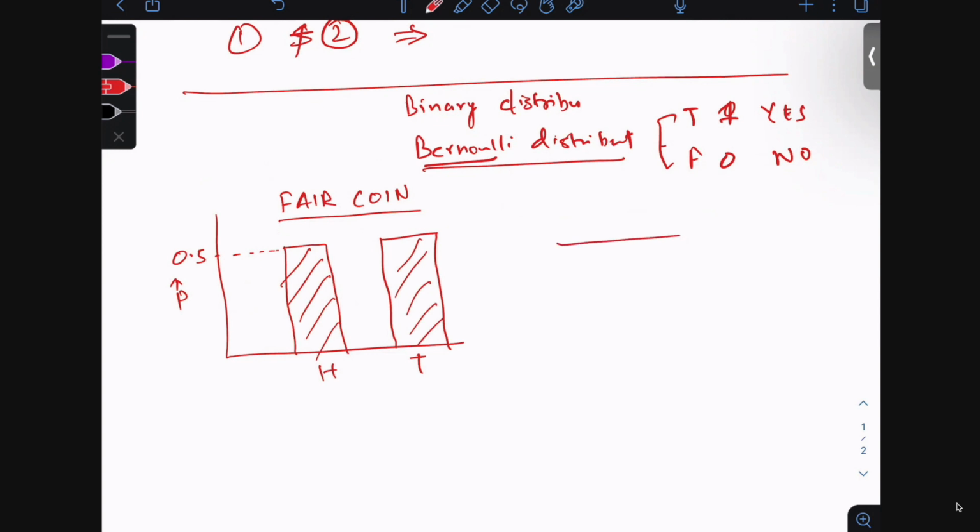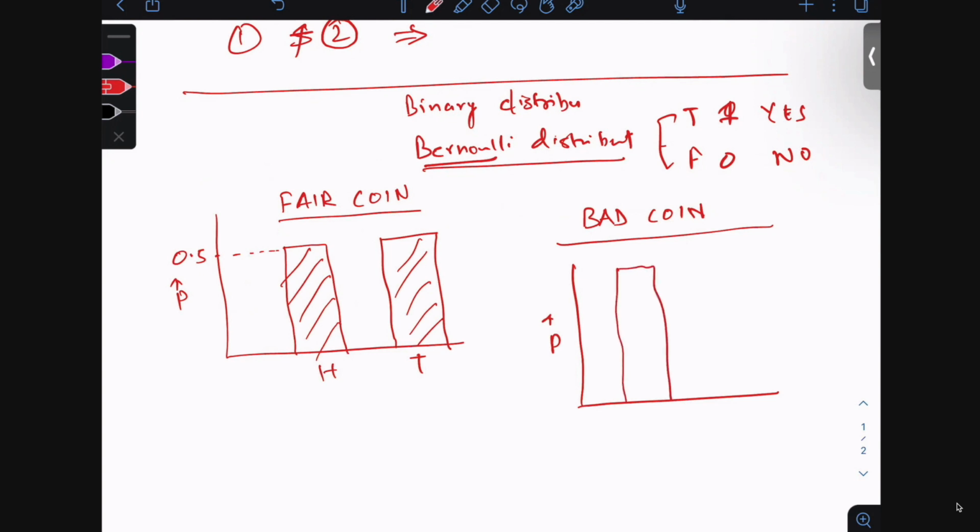Let's say I have a not so fair coin. We'll call it a bad coin, or let's call it a biased coin, that's the right word.